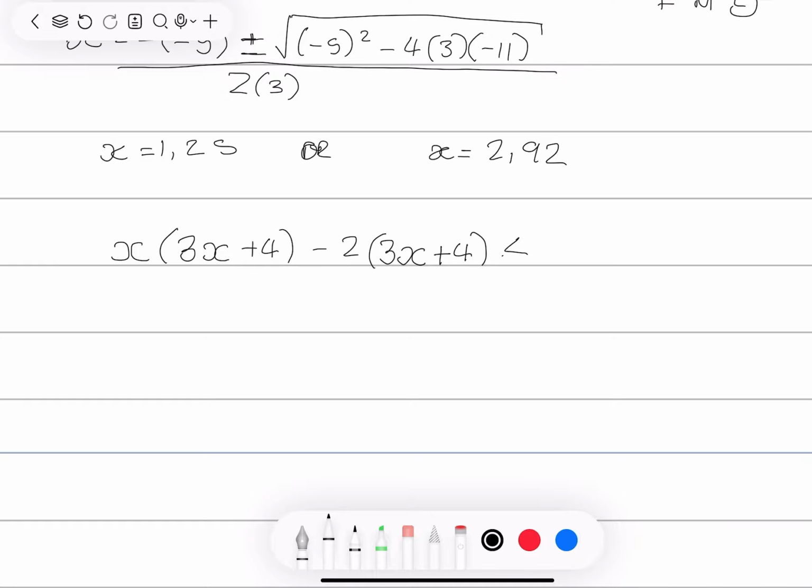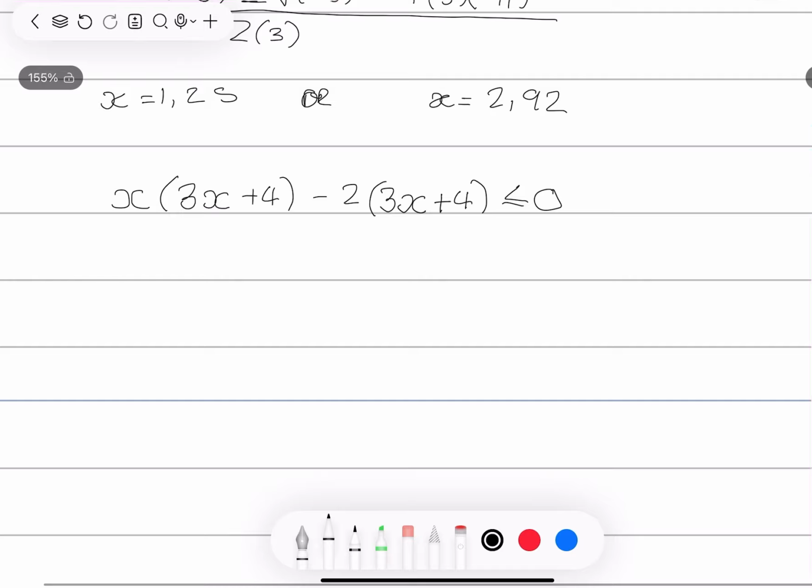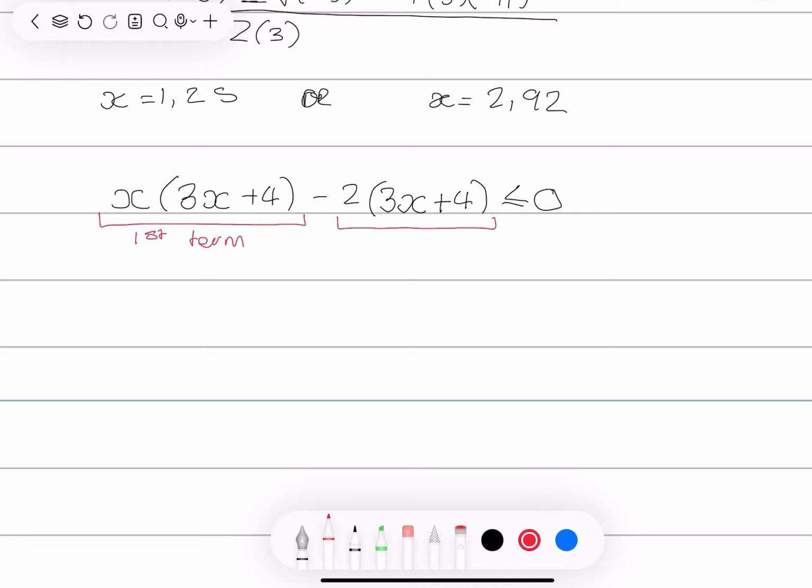Let's do less than or equal to 0, right? So in this question, you must remember that you can always simplify the one side. So you can definitely see, let me just bring it to light. We have our first term and we have our second term.